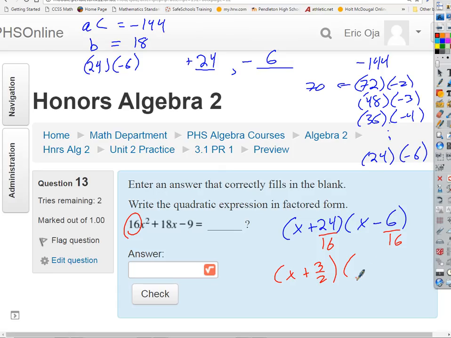And then 2 goes into 6 3 times and 16 8 times. And so then I just go bottoms up for both factors. And we're done. So we should end up with 2x plus 3 times 8x minus 3.